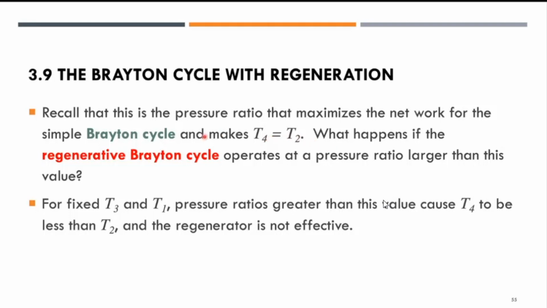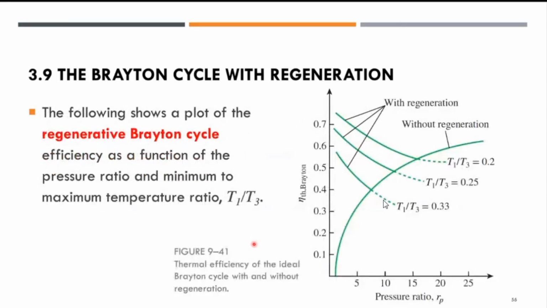What happens if the regenerative Brayton cycle operates at a pressure ratio larger than this value? For fixed T3 and T1, a pressure ratio greater than this value causes T4 to be less than T1. And of course, the regenerator will not be effective anymore. Okay? There's a limitation in terms of the pressure ratio.